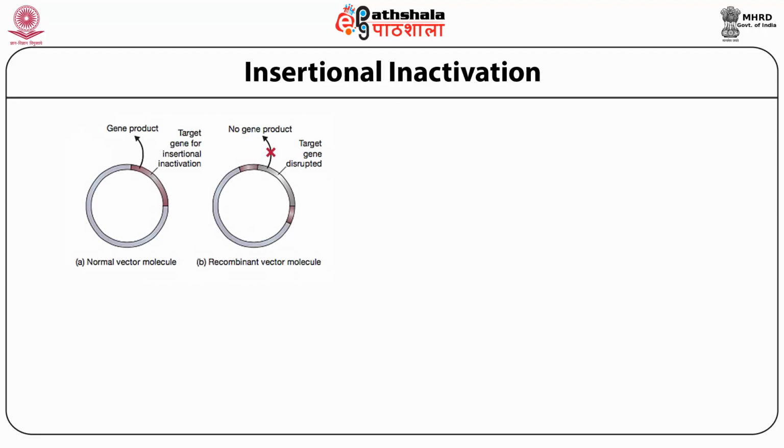It is shown here as an example in the fashion of a cartoon. The normal vector molecule is shown, and when it's interrupted at a particular site, the BamHI site, when the target insert is incorporated into the vector, the tetracycline gene is disrupted and inactivated.